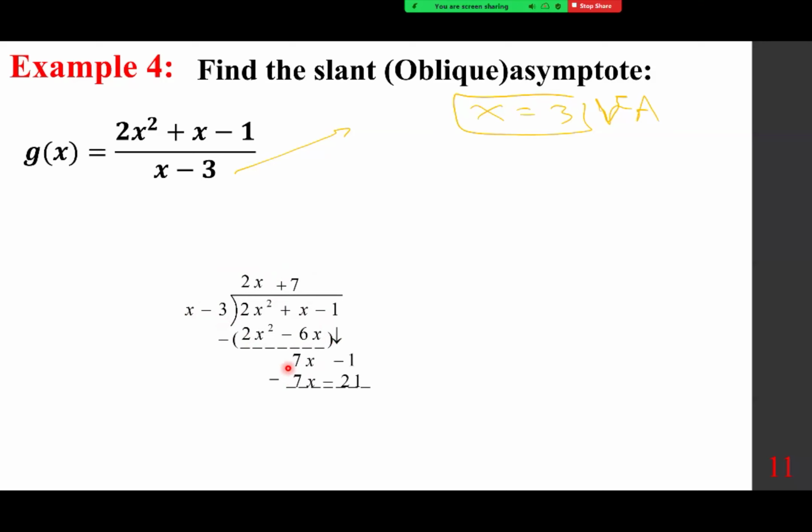Because you're subtracting, it should be like so, okay. You see that they cancel each other. This becomes plus 21 with -1 becomes plus 20.